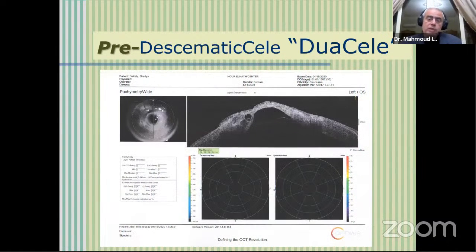How can we conclude that this is a pre-desmetic seal and it is safe to keep the patient on medical treatment? The only way I find for myself, not only the clinical aspect, because sometimes you are not 100% sure, is the anterior segment OCT, where you will find a layer of this pre-desmetic layer, which is the Dua layer.